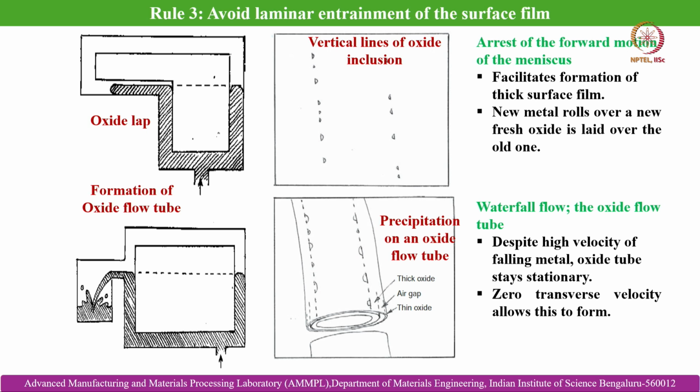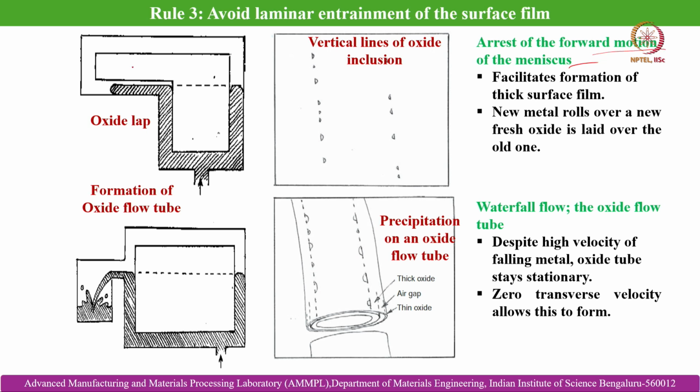Okay. So, then avoid laminar entrainment of the surface film. It is not that if the flow of the liquid melt within the mold cavity is in the laminar regime, then surface film entrainment is not possible. That danger still is there, and it is possible if the melt pouring becomes intermittent. Because of some intermittent pouring, arrest of the forward motion of the meniscus happens.